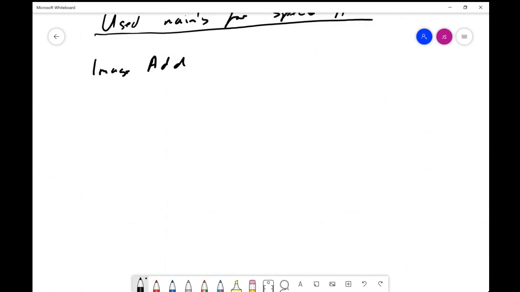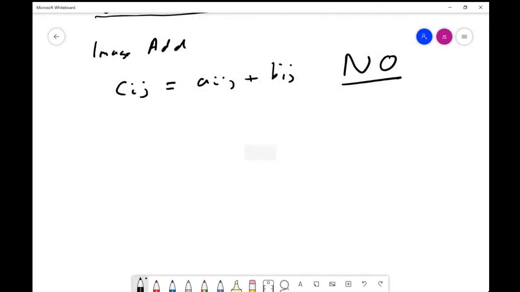You may well think it's so simple, so obvious. If you're adding 2 images together, the output pixel Cij equals Aij plus Bij. And if you've written that down in your notes, no. It's slightly more complicated than just adding pixels.